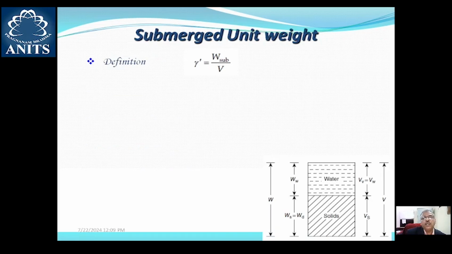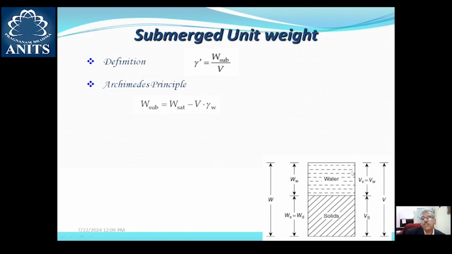Now let's see how the submerged unit weight can be determined. What is the expression for submerged unit weight? We know the Archimedes principle, where when an object is immersed in liquid, it appears to lose some weight. This loss of weight is equal to the weight of the liquid displaced by the object.